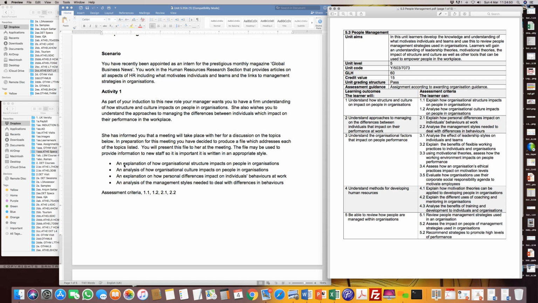So here it says explain how organizational structures impact on the people in an organization. My suggestion is to define 3 or 4 types of structures: functional, hierarchical, matrix, divisional, and then pick one example to explain how the structure relates to the organization.